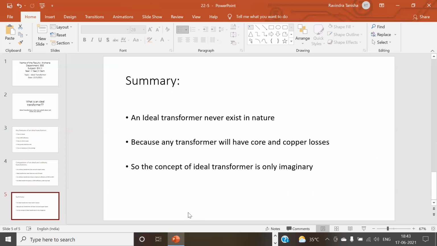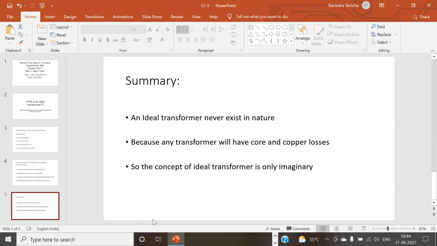So the concept of ideal transformer and ordinary transformer are contradictory to each other. One is showing that 100% efficiency is possible. On the opposite side, the truth is that nowhere is 100% efficiency possible for any machine, even a transformer.